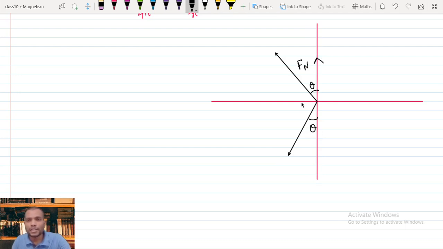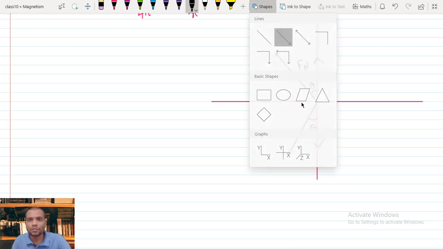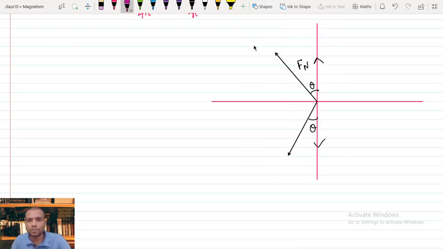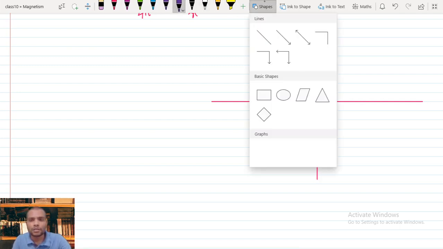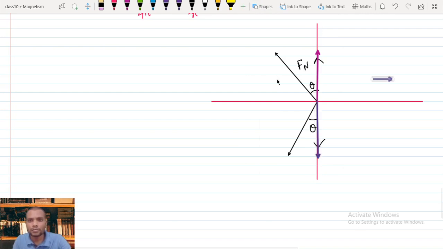Now the vertical components, which act in both directions, which I am going to draw with this bold color. These vertical components are equal in magnitude and opposite in direction, so they cancel each other. But the horizontal components, if you draw them with these thick lines here, act in the same direction in both cases, so they will add up.